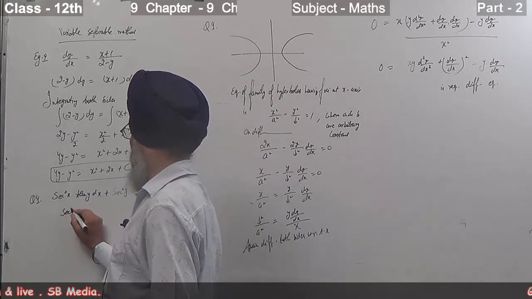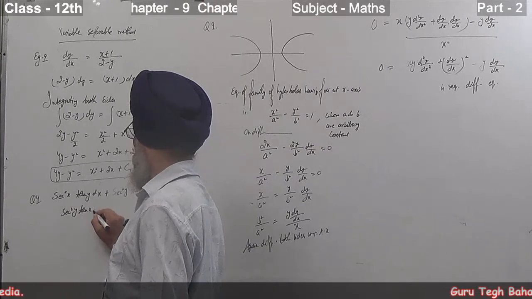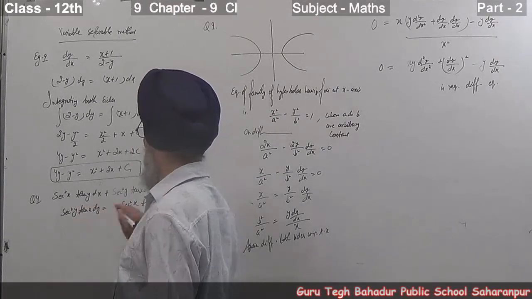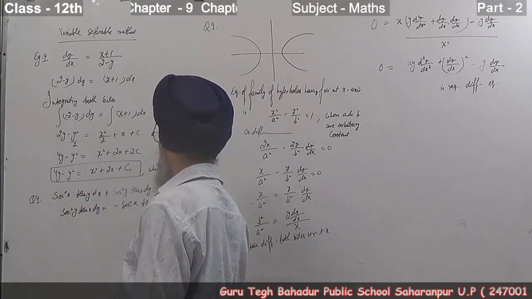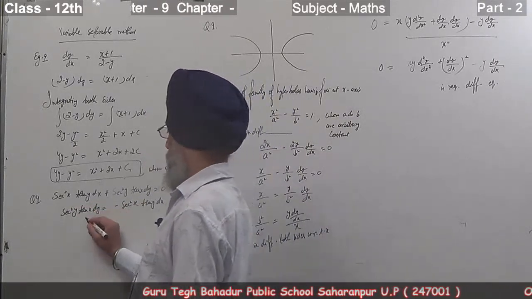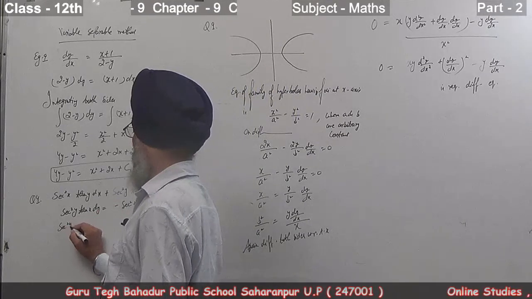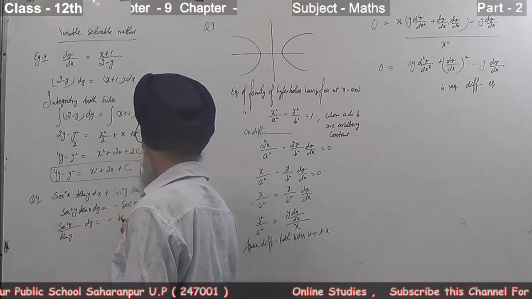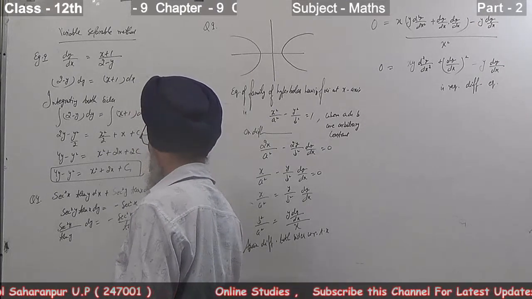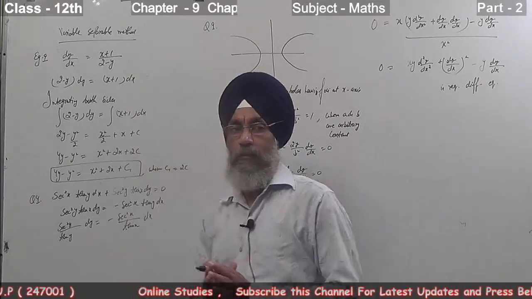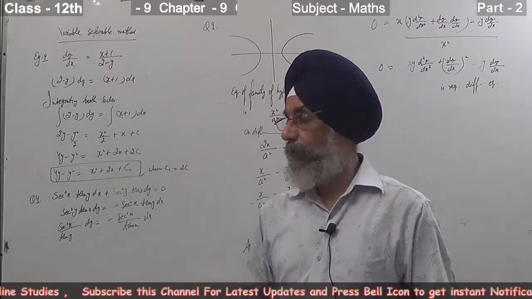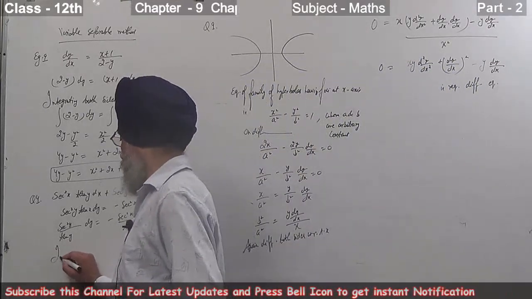So, x square y tan x dy on this side and minus x square tan y dx on the other side. So, y upon tan y dy equals minus x upon tan x dx. So, we have separated the variables, y variable on one side and x variable on the other side, integrating both sides.